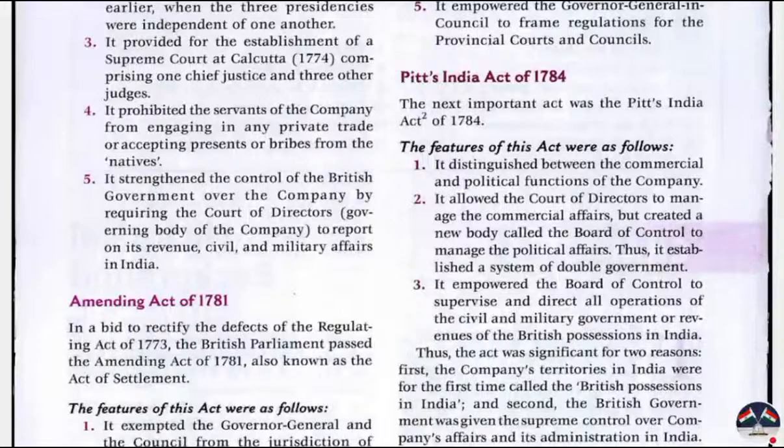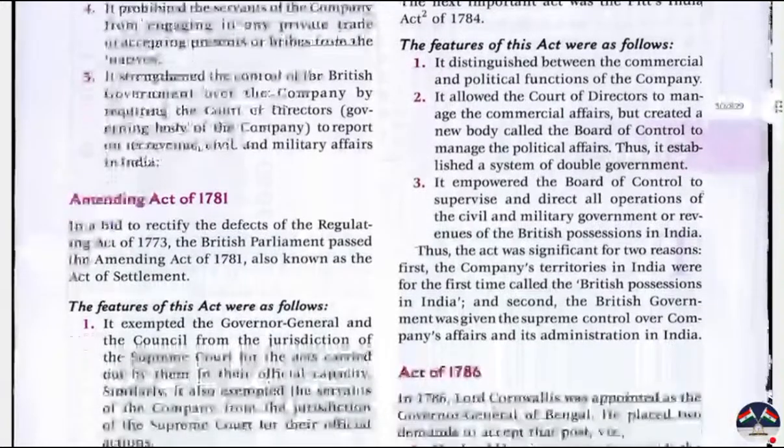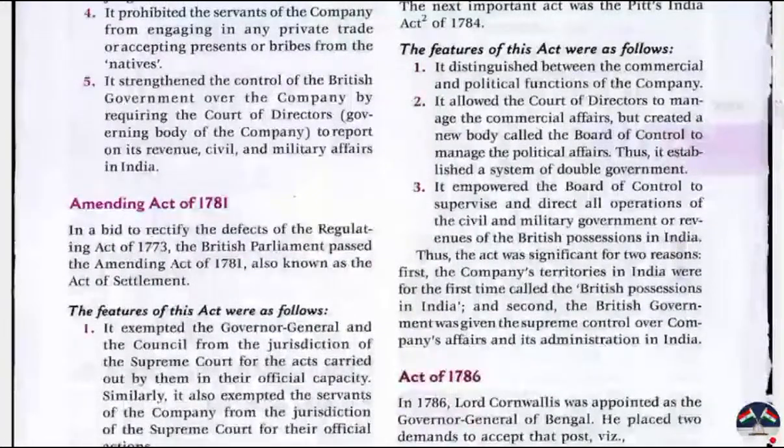Thirdly, it provided for the establishment of a Supreme Court at Calcutta in 1774, comprising one Chief Justice and three other judges. It prohibited the servants of the company from engaging in any private trade or accepting presents or bribes from the natives.